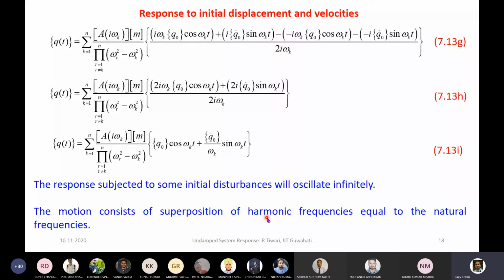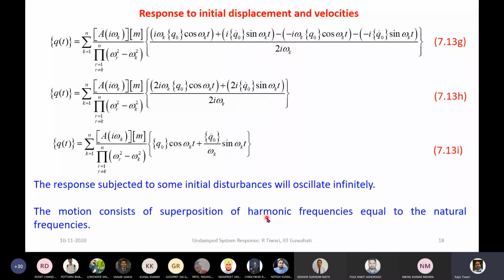And depending upon the initial condition, it may take several frequencies also. Generally, if we are exciting by impact, then impact gives various kinds of excitation, and the natural frequencies can be excited through the impact in the system.